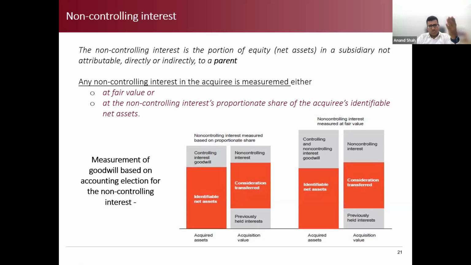In that scenario, your purchase price allocation exercise will essentially show the 100% value of the company as the purchase consideration, and you will value all the assets and liabilities as if you own 100% of those.